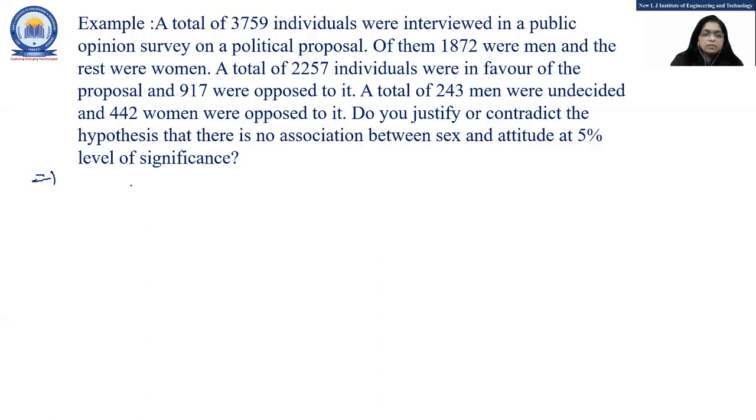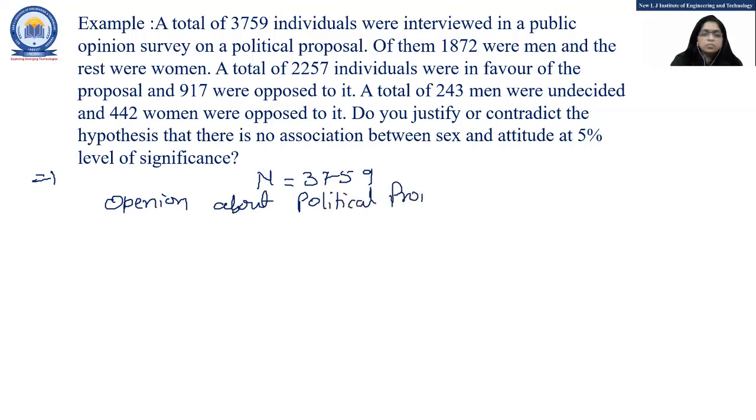Okay, so here capital N is 3,759, right? Now, opinion about the political proposal. We divide this attribute into two, men and women, right?